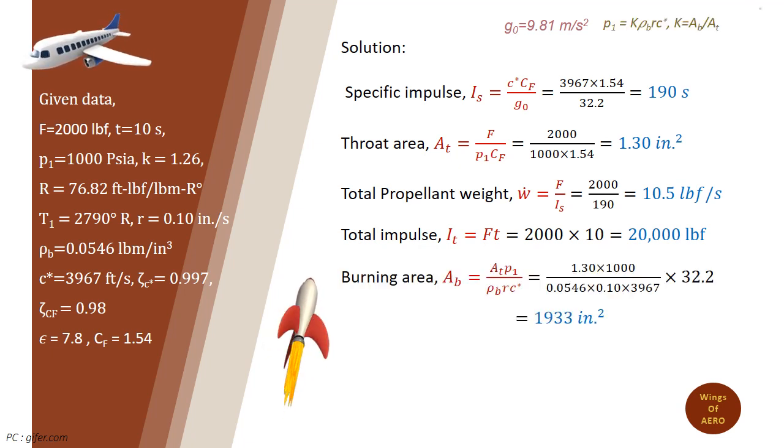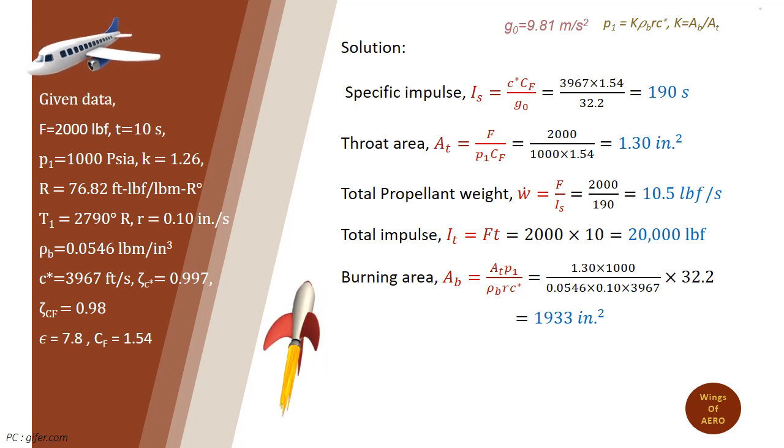Next, find the propellant grain burning area. We know the pressure expression in steady burning P1 is equal to K into rho suffix b into r into C star. Here, K is an important new dimensionless motor parameter, which is the ratio of burning area to the nozzle throat area.